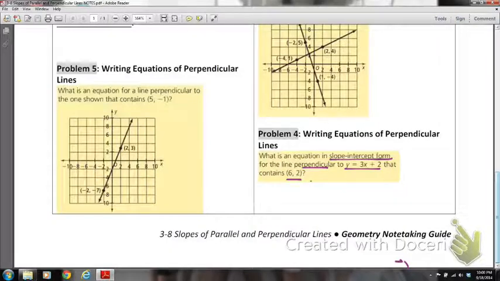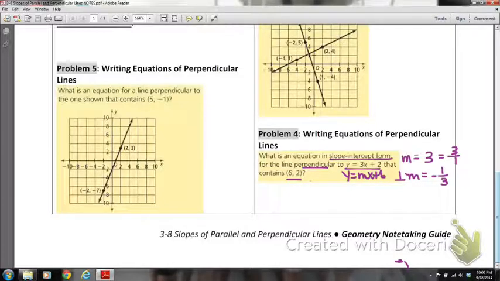The slope of the line that's given, if we compare it to y equals mx plus b, the slope is going to be 3 for this line. So the perpendicular slope, since 3 is actually 3 over 1, the reciprocal is 1/3, and it's the opposite reciprocal, so it's a negative 1/3.